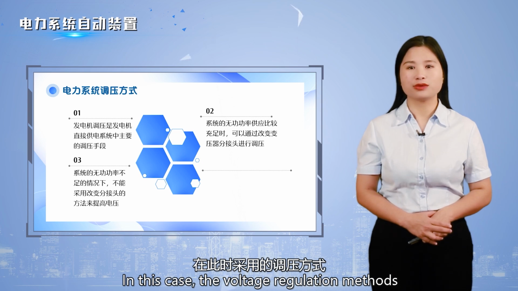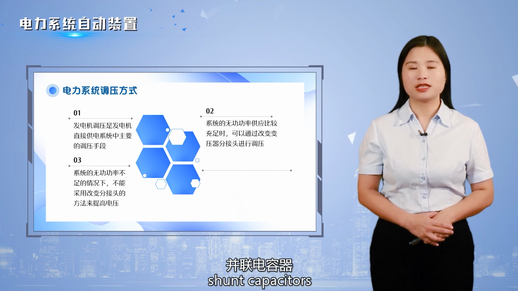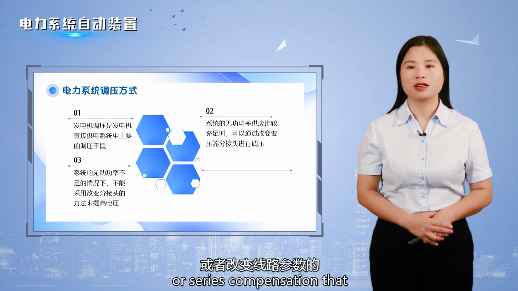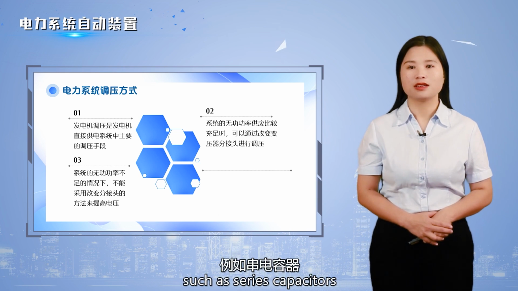In this case, the voltage regulation methods should use shunt compensation, such as shunt capacitors, condensers, static compensators, etc., or series compensation that changes the line parameters, such as series capacitors.